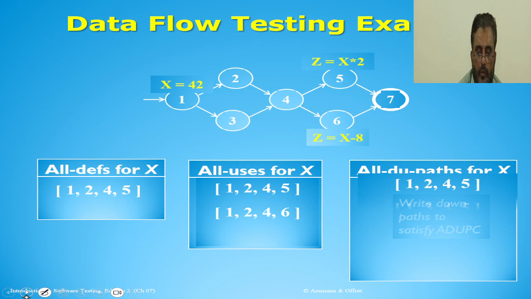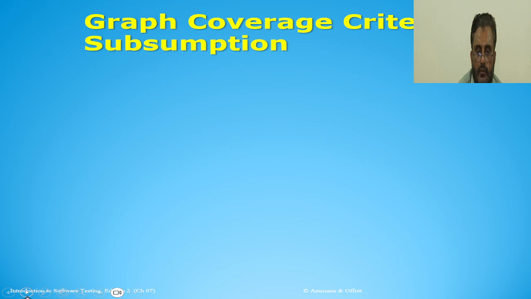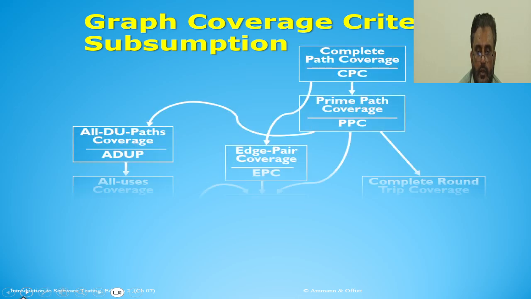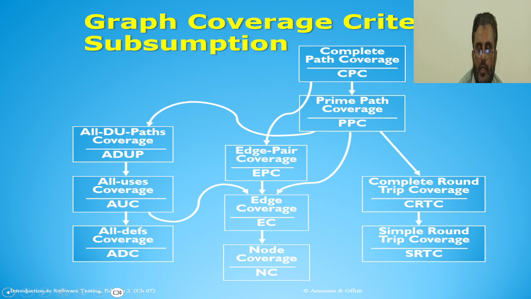So this is now elaborated on the slide by means of these animations. So far we studied these different sorts of coverages. We talked about node coverage, and that node coverage is subsumed by edge coverage, and edge coverage is subsumed by edge pair coverage, and all defs coverage is subsumed by all uses coverage, and all uses coverage is subsumed by all du-paths coverage.